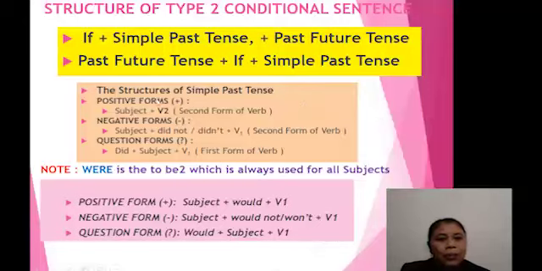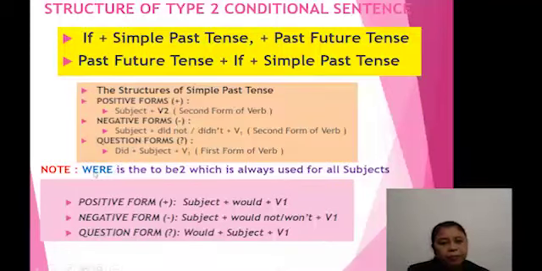I remind you that the structures of simple past tense: positive form, subject plus verb 2; negative form, subject did not or didn't plus verb 1, while question forms, did and then subject plus verb 1.